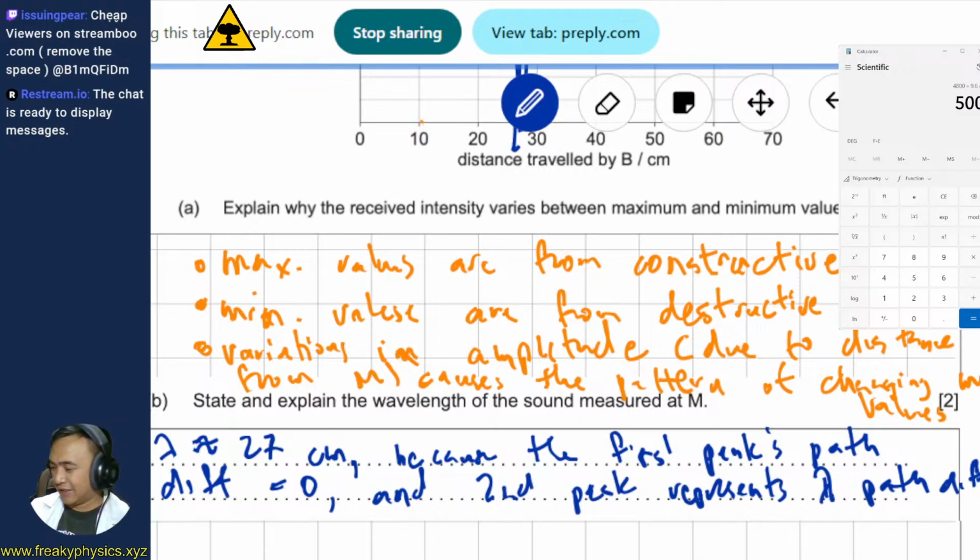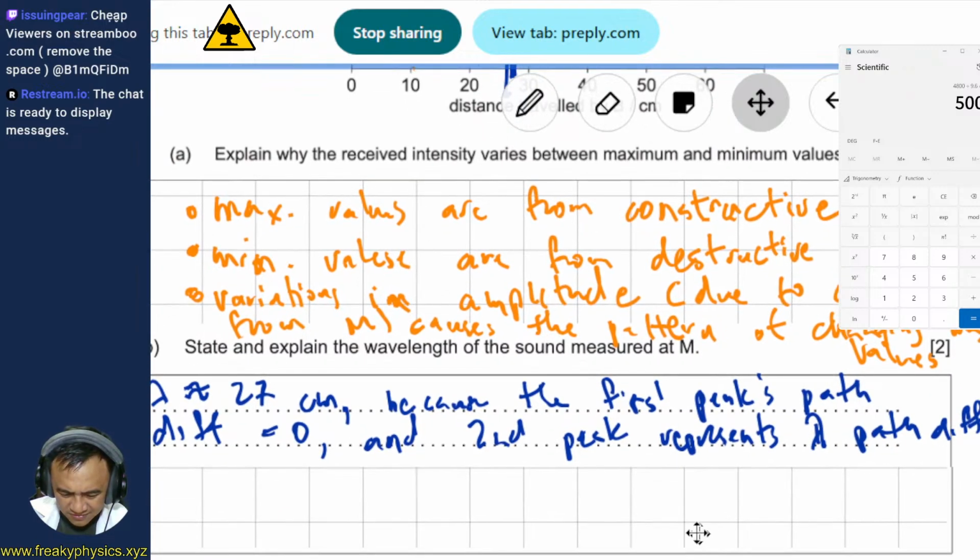That gives you your 2 marks. Any questions there? No, but I never thought of that.